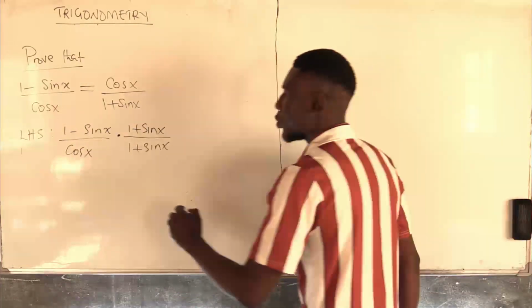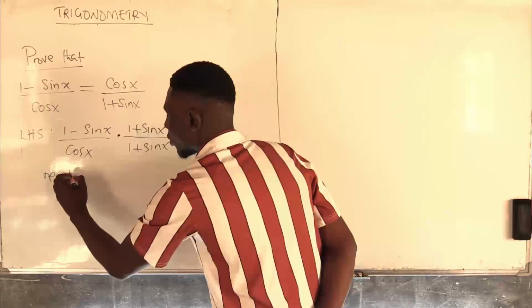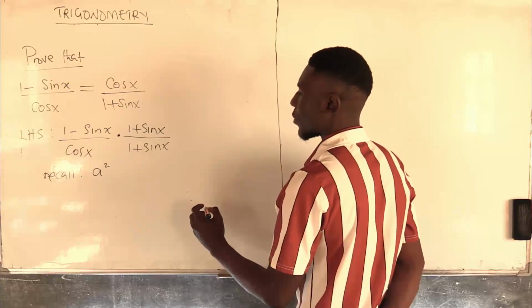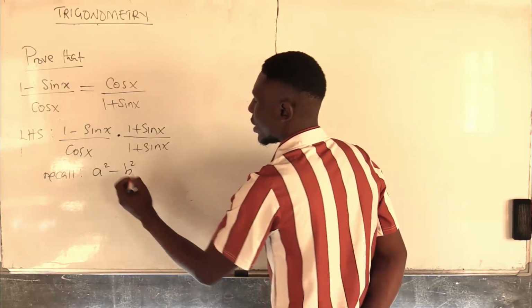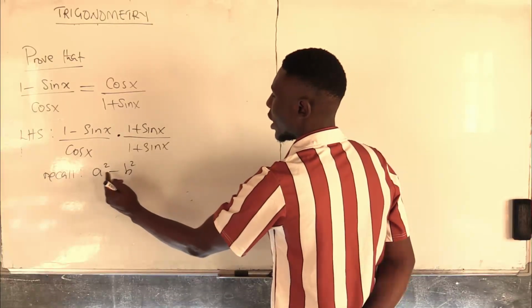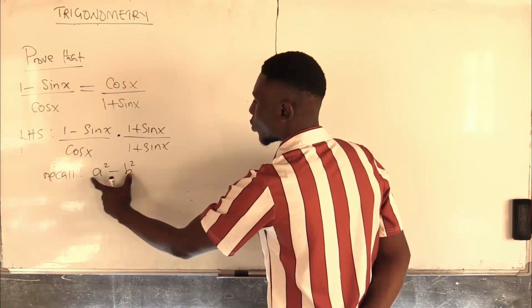Now we need to make reference to algebra. So we need to understand or remember this. If I have a squared minus b squared, this is squared, this is squared. We have two squares, and there is this negative sign. So this is known as difference of two squares.